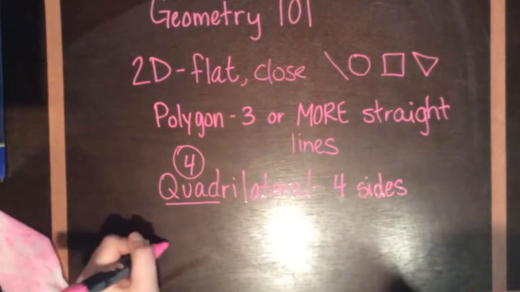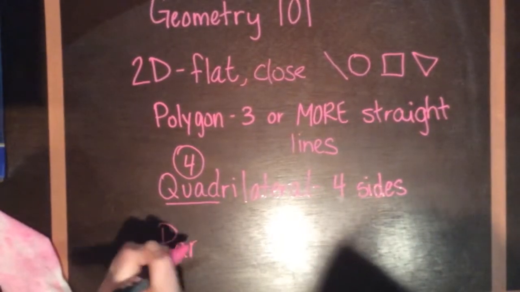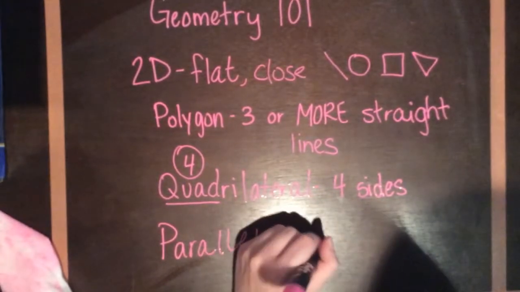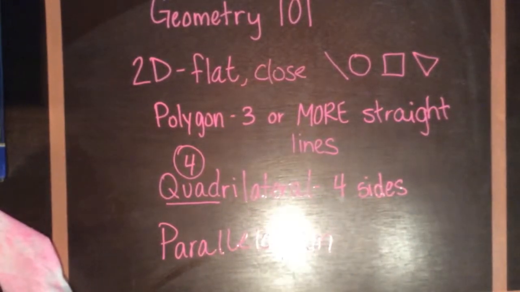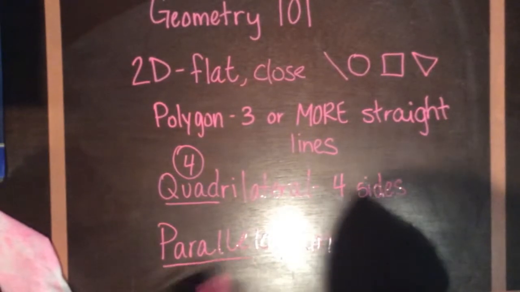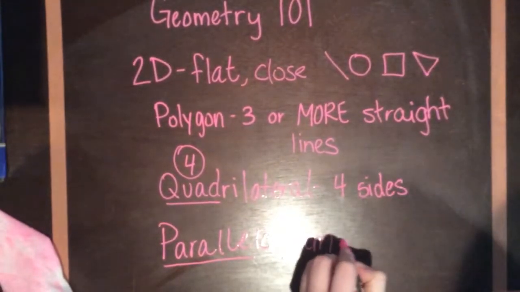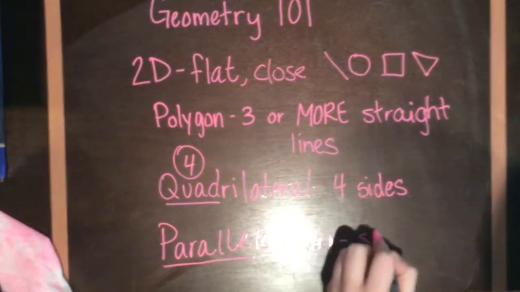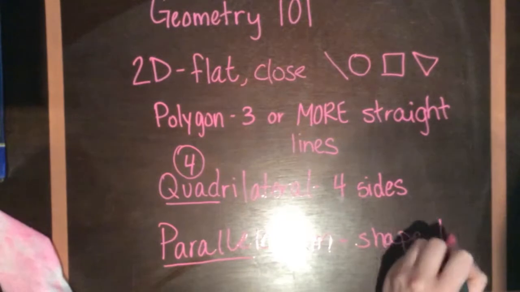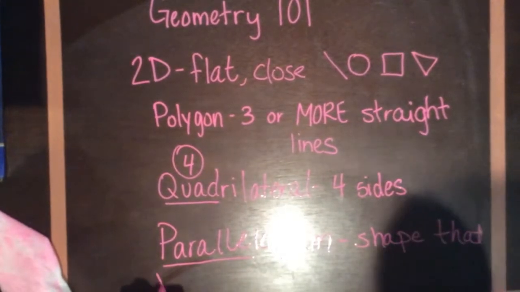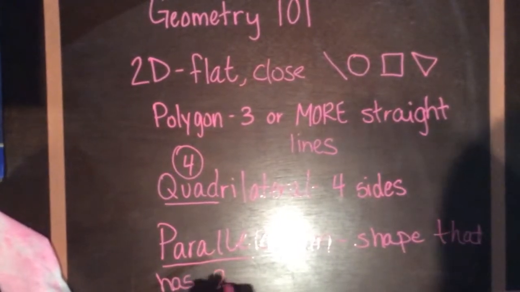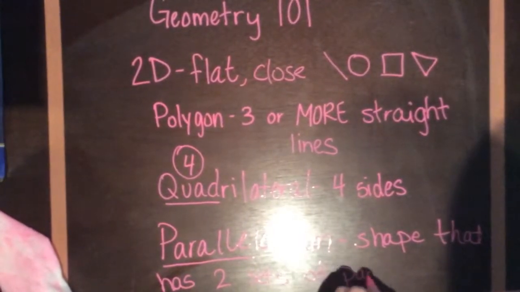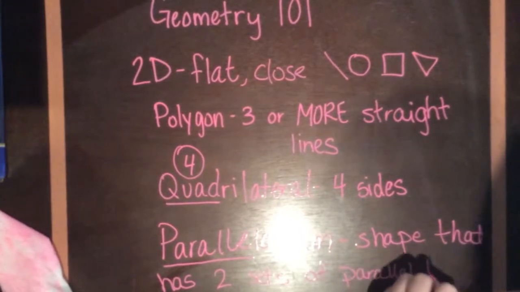Another word that we also introduced was parallelogram. And parallelogram right here has parallel in it, and the only thing that can be a parallelogram is any shape that has 2 sets of parallel lines.